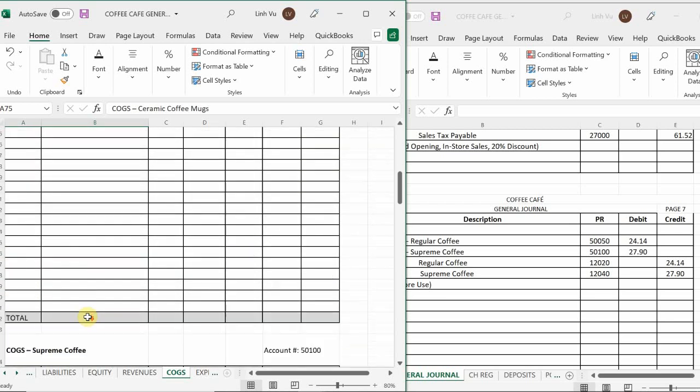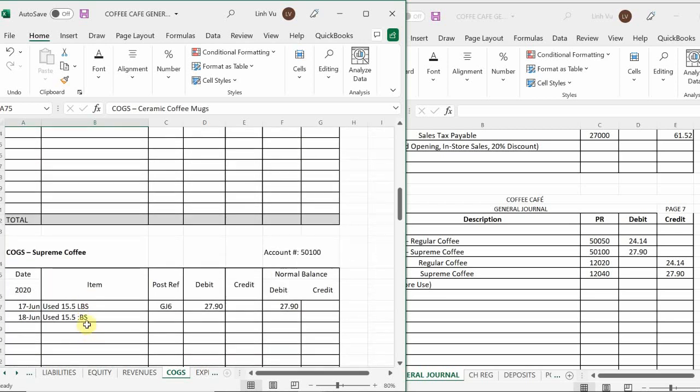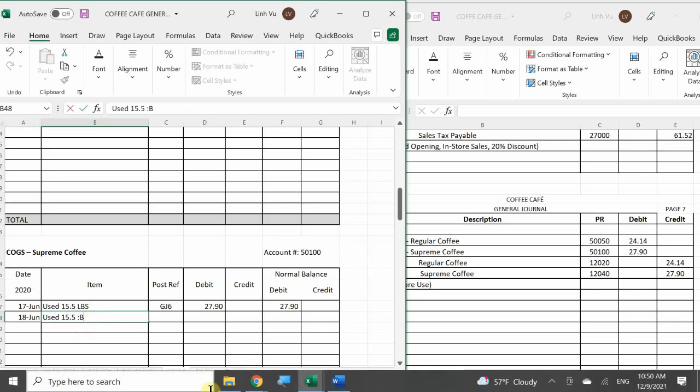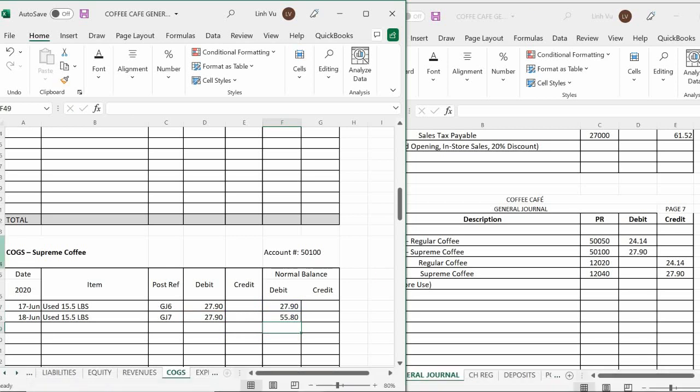I don't know why my cells keep moving. Okay, general journal number 7 for another $27.90. So therefore my account balance is going to be 55.8.